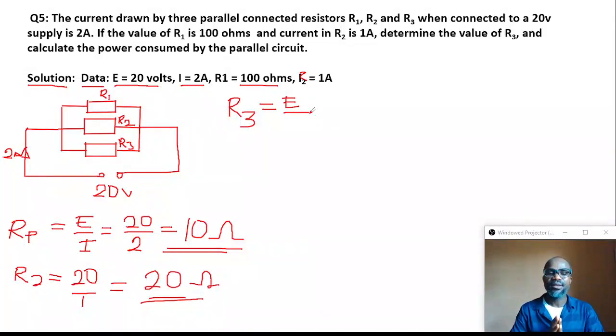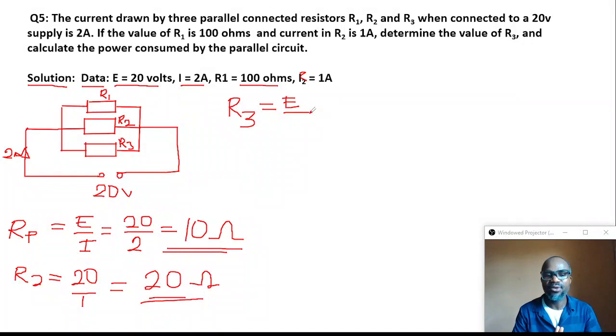Now, what we need to do here is to recall that we have the total resistance RP, we have the resistance of R2, and then we are looking for R3, whose value is not known.